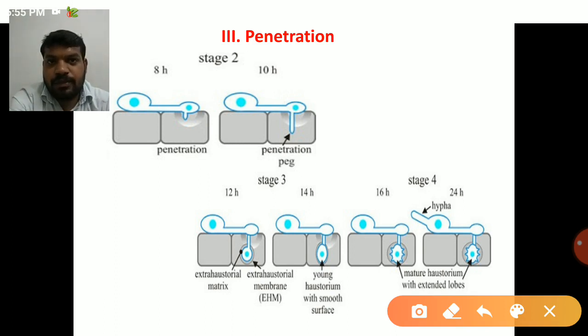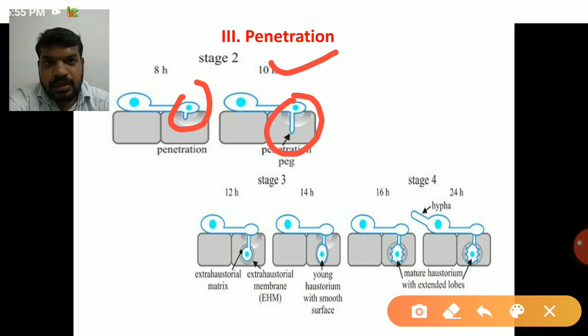Next, in the second stage of penetration, after 8 hours of inoculation, the appressorium produces the penetration peg and enters into the plant. After 10 hours, elongation of the penetration peg will occur. The penetration peg will elongate into the plant.